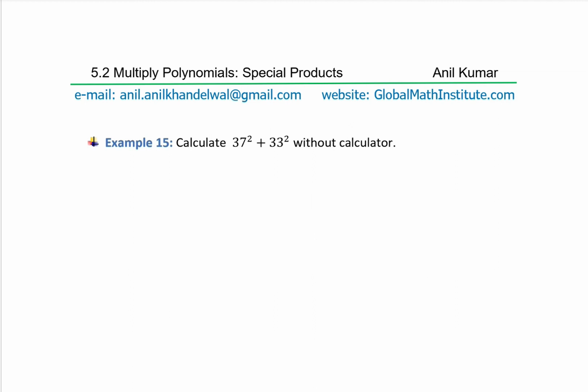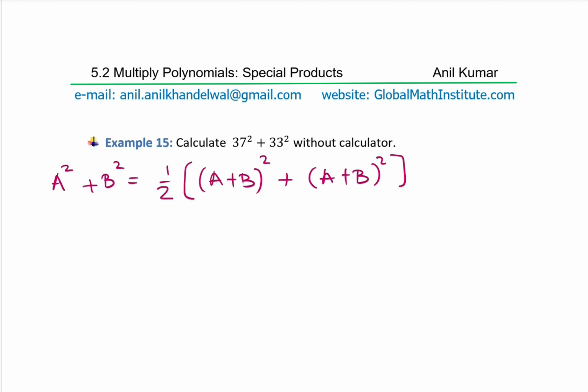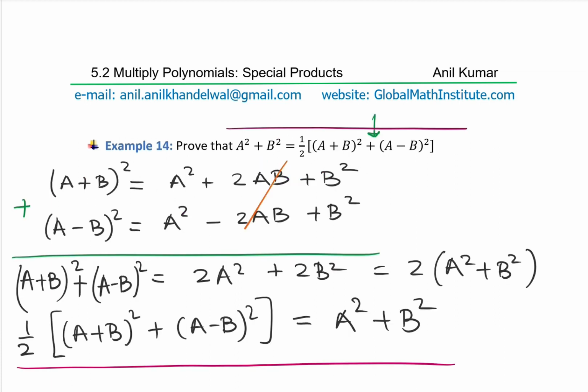So what did we learn here? Well, we learned a formula which was a square plus b square equals to half of, you have to add a and b, right? Square that, plus you have to subtract a and b and square that. That is what we learned, correct? This is the formula which we learned.